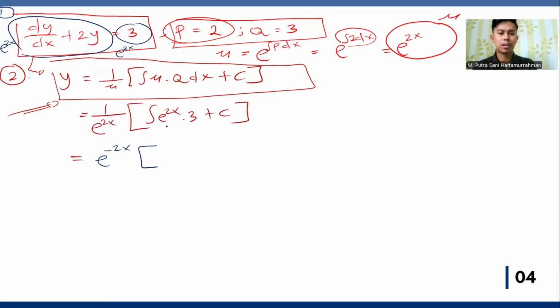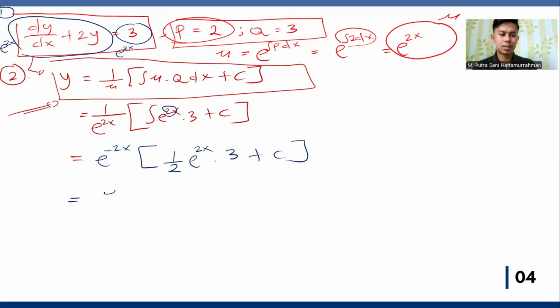We know that the integral of an exponential with coefficient of x, we make the inverse. So we have 1 per 2 e to the power 2x times 3, plus c.